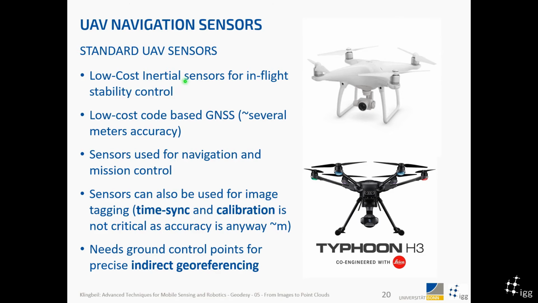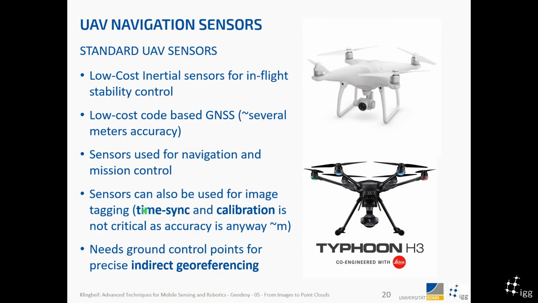And they can also provide you with 3 angles, but they're not very accurate. Usually they also have a low-cost code-based GNSS receiver, as you know from the GNSS lectures, with an accuracy in the order of several meters. And these sensors are used for navigation and mission control. So these are originally not used for tagging images, but you can use them for tagging images, and this is done in the case of the Phantom 4, for example.